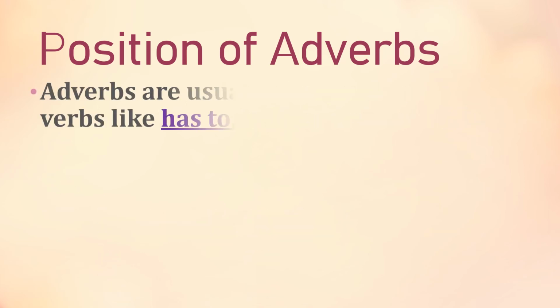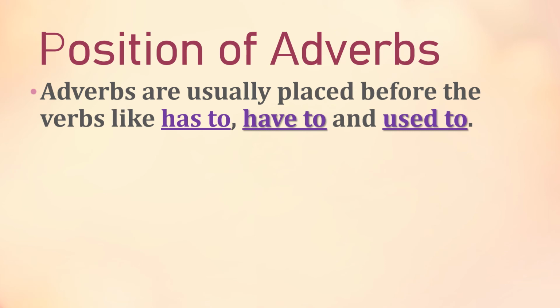Point number 7. Adverbs are usually placed before verbs like has to, have to, and used to. That means if in your sentence you have these verbs has to, have to, or used to, in such a situation, you do not need to break them in the middle. What you will do is use the adverb first and then write these verbs.